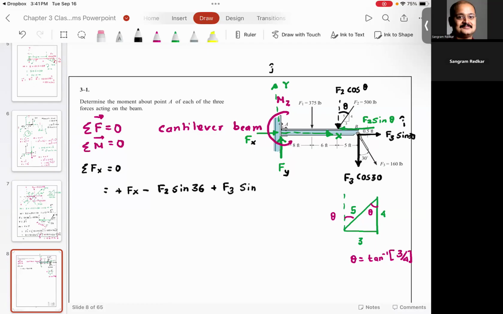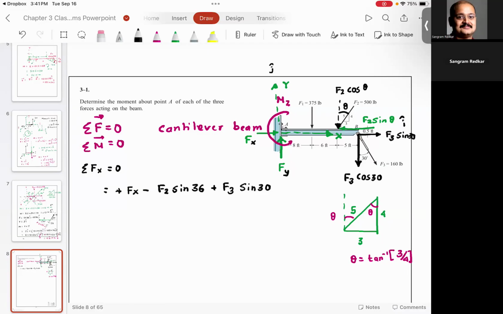sine 30. Fx is positive because it is in the positive i direction. F2 sine 36 is negative because it is going down, and F3 sine 30 is in the positive direction. You agree with me?